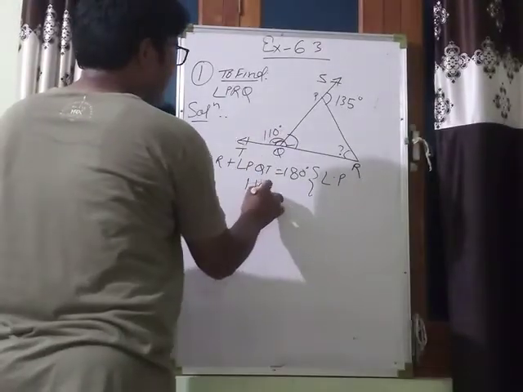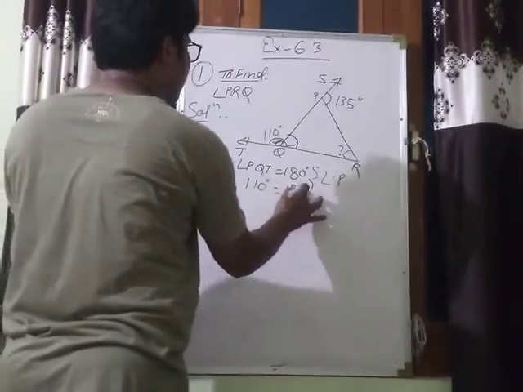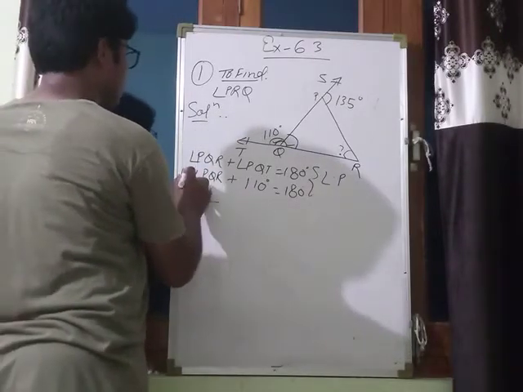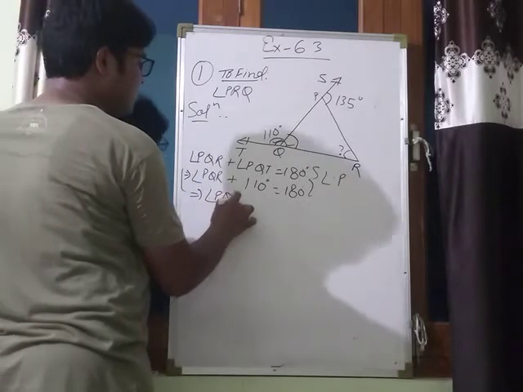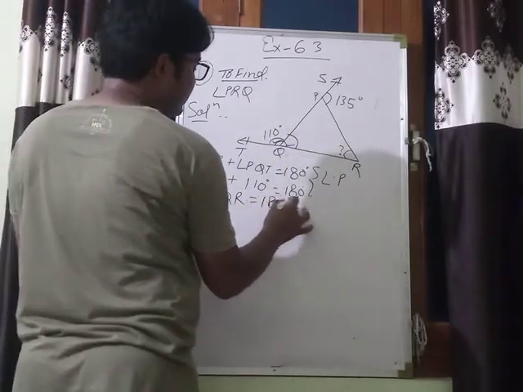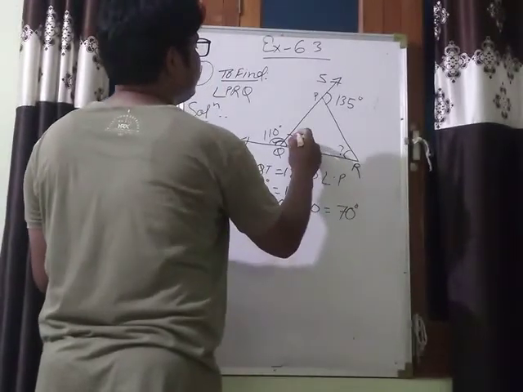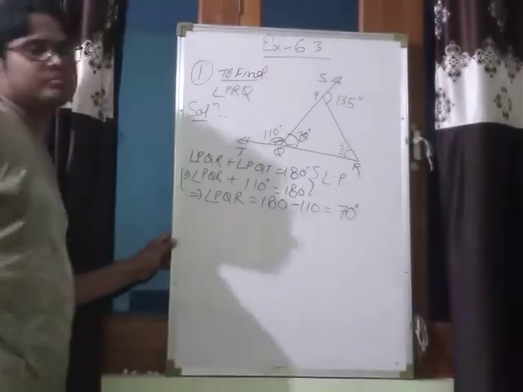PQT is 110 degrees, plus angle PQR. Now angle PQR is equal to 180 minus 110, that is 70 degrees. This angle will become 70 degrees.